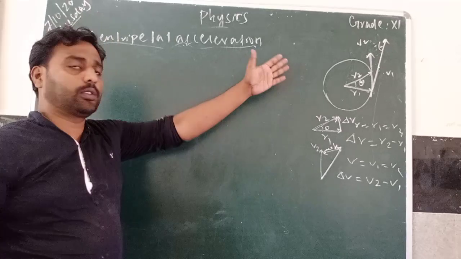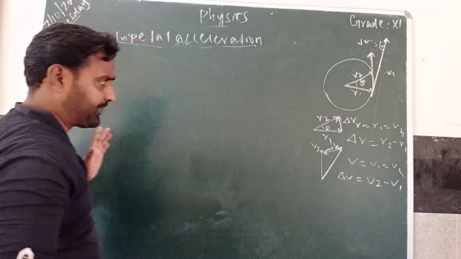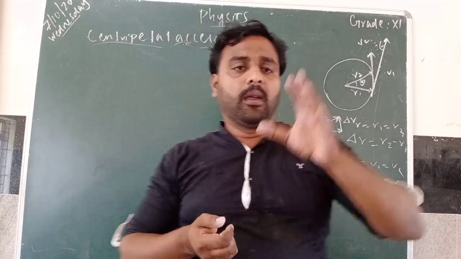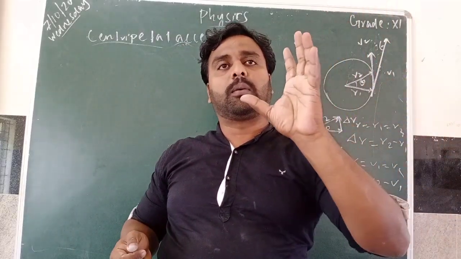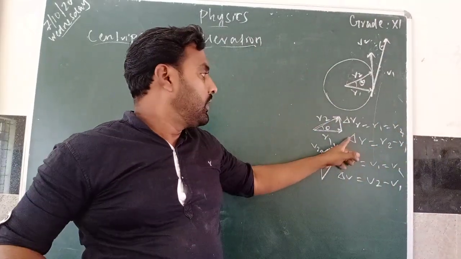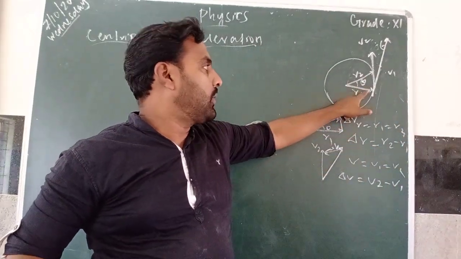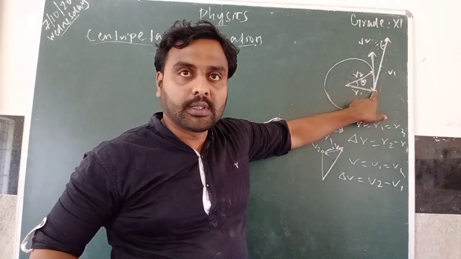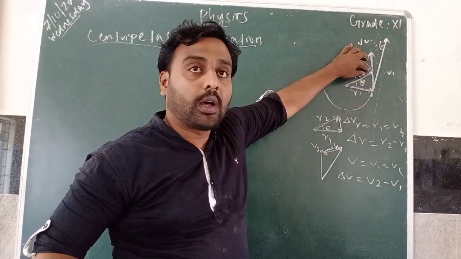So from this you can take a relationship. You see, when the particle moves from R1 to R2, the particle is at the position R1, now it moves to R2.